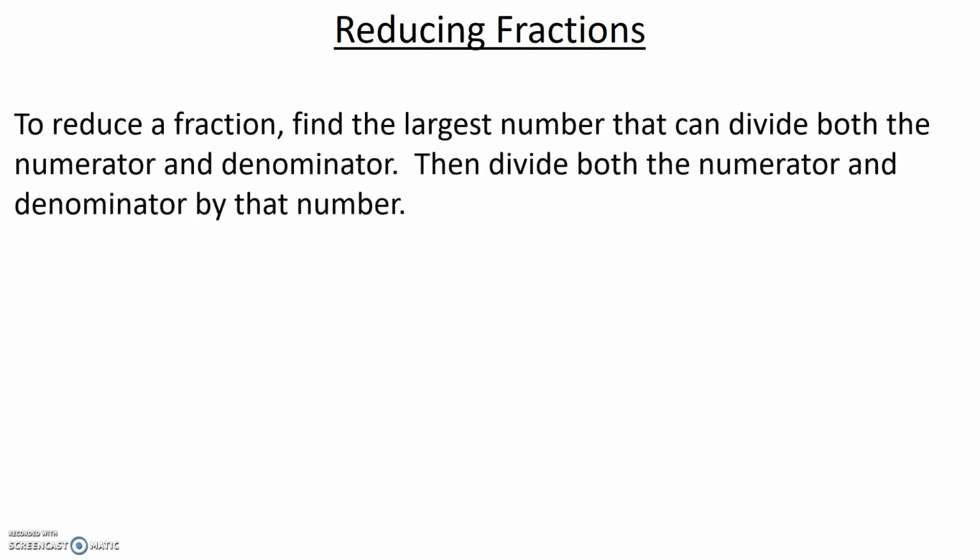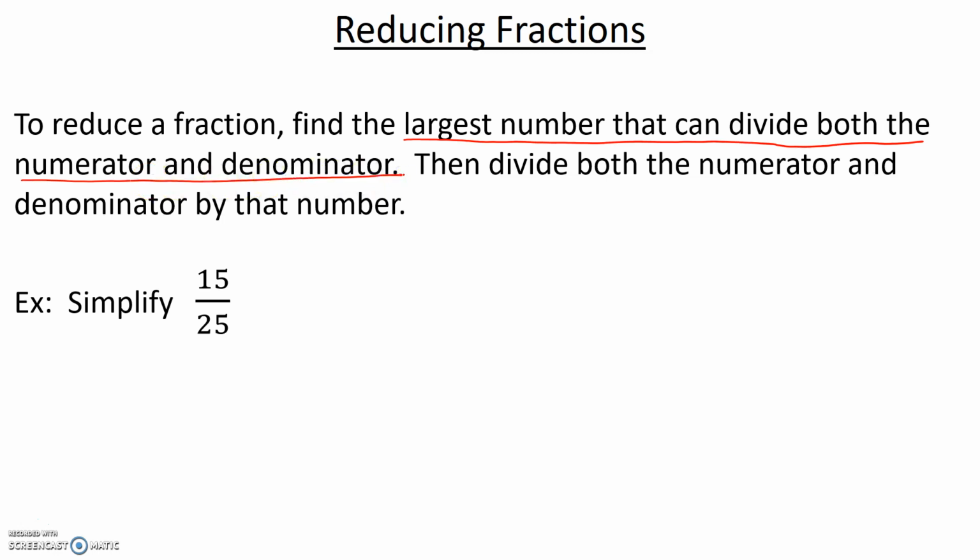To reduce a fraction, we find the largest number that can divide both the numerator and denominator. Then we divide both the numerator and denominator by that number. For example, in order to simplify 15 over 25, we need to find the largest number that can divide both the numerator and denominator. So in the case of 15 and 25, the largest number that can divide 15 and 25 is 5.